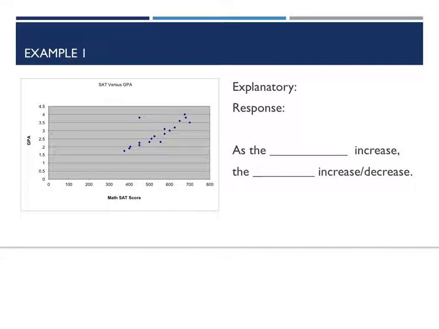Try the same thing with this graph. Maybe pause it. X variable is the SAT score. The response variable is the GPA. This graph goes up from left to right, and the dots are pretty close together.